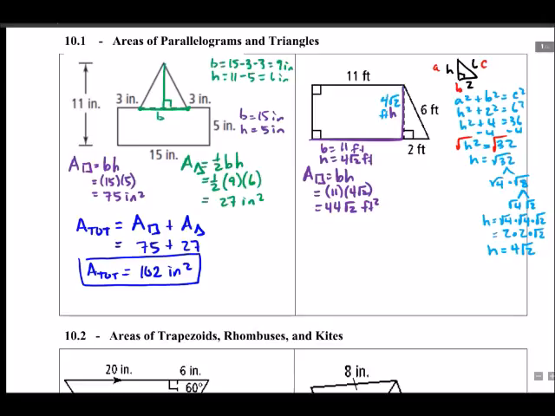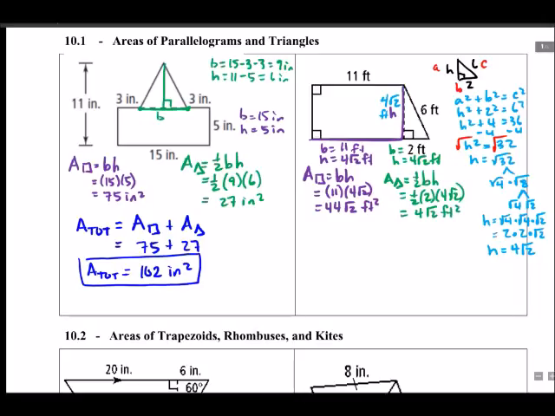We know that the base of our triangle is 2 feet. We know the height of our triangle is 4 square root 2 feet. And we can do area of a triangle is 1/2 base times height. So that's going to equal 1/2 times 2 times 4 square root 2. And that is going to equal 4 square root 2 feet squared.